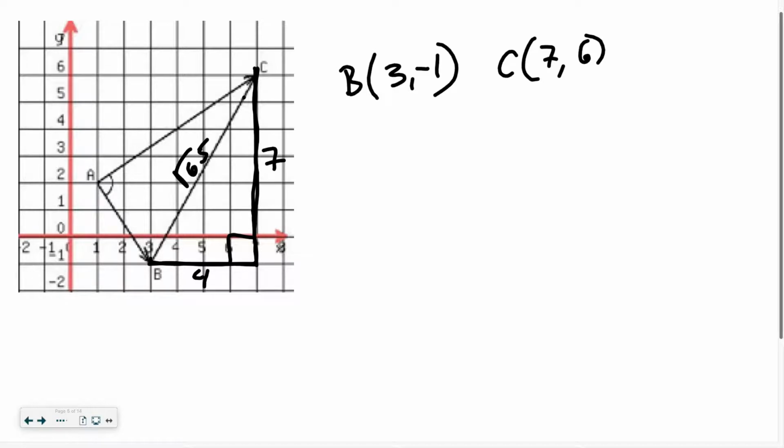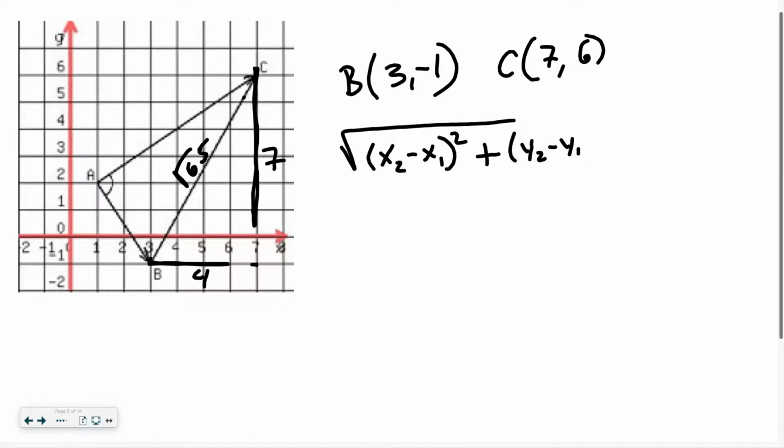And now I need to find the distance using the distance formula. Well, the distance formula says this. If I have 2 points, I have x2 minus x1 squared plus y2 minus y1 squared, all under a square root.